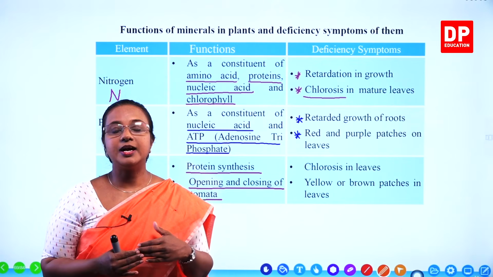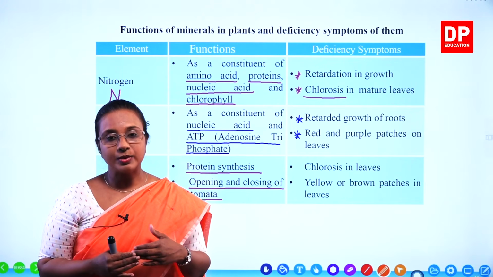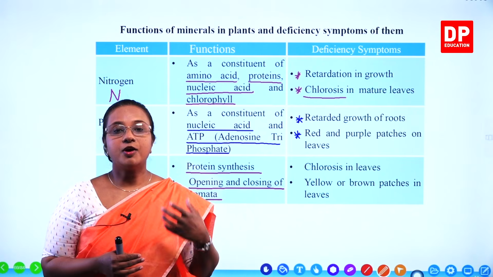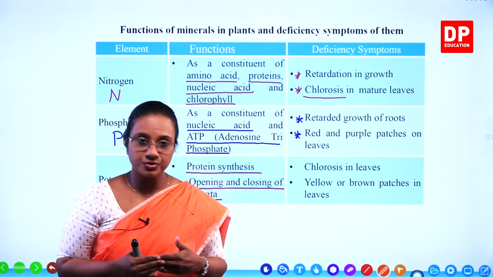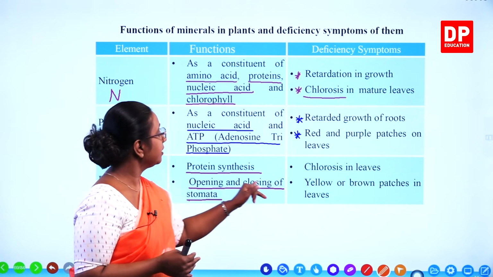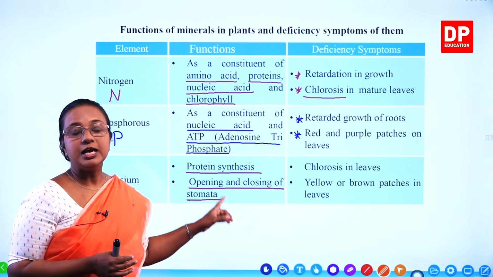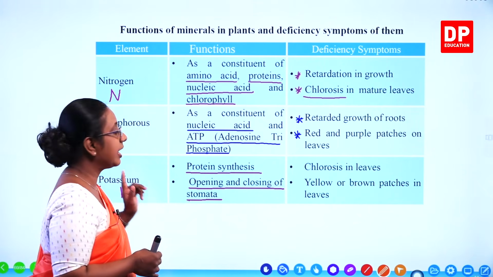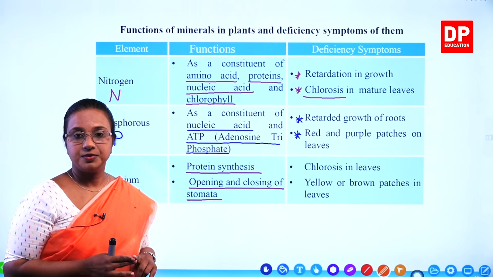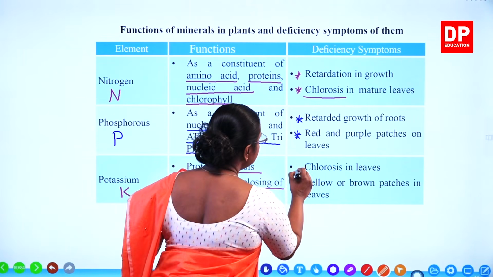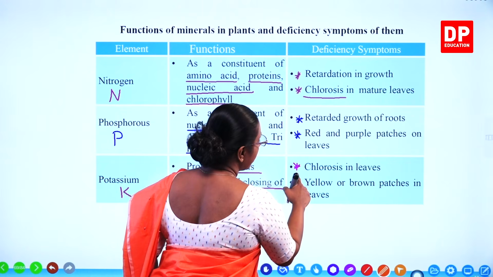There are stomata in the stem as well. This is important for the gas exchange process. So, the opening and closing of stomata will not take place properly if the plant has potassium deficiency. So, due to the deficiency, we can see these two symptoms.